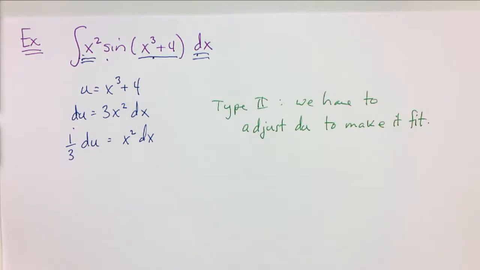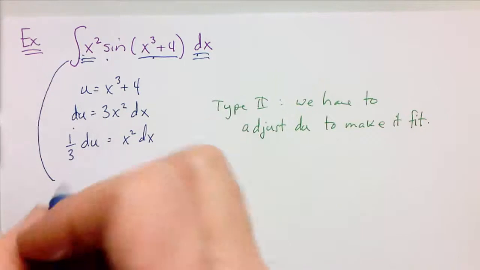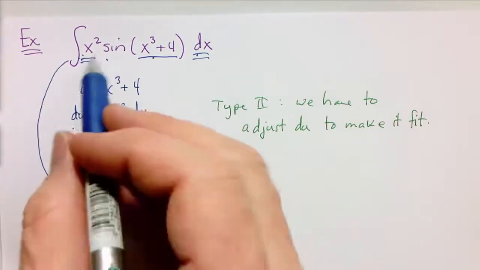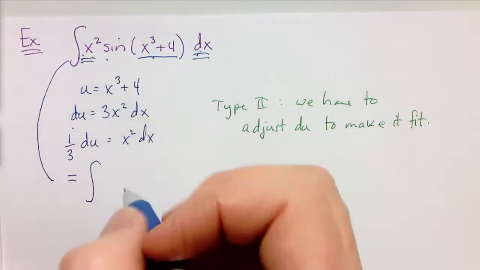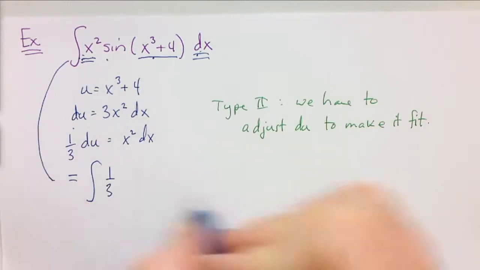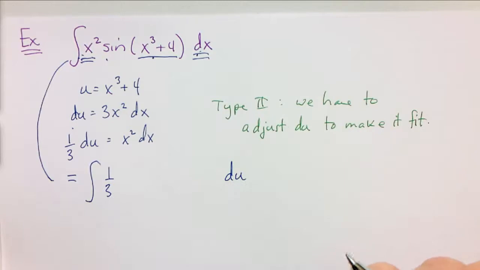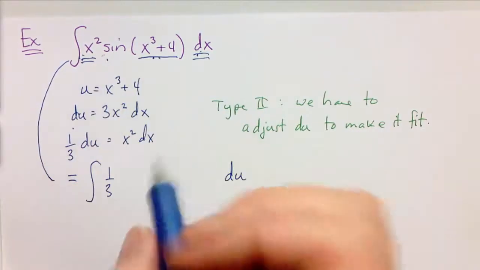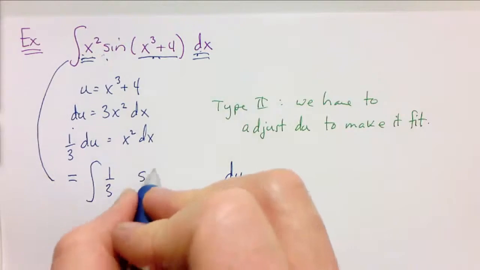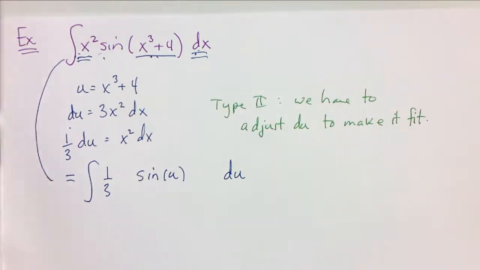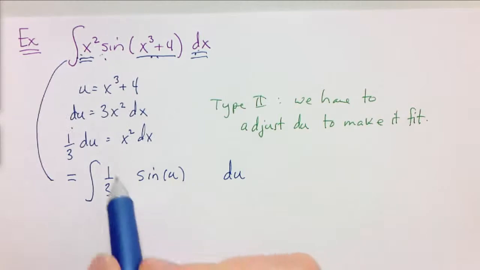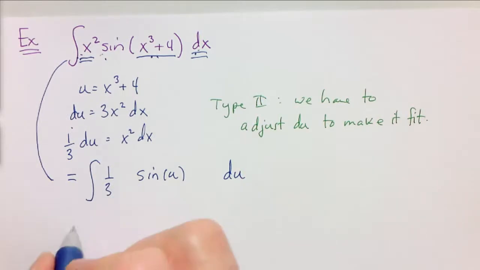All right. So now let's do that. So my integral becomes, in the new variable, the substituted variable, x squared dx is 1/3 du. And it's conventional to put the du down here, but you don't really have to. Right? And then sine of u. Now antiderivatives, just like derivatives, you can kind of pull multiplicative constants out of your way.